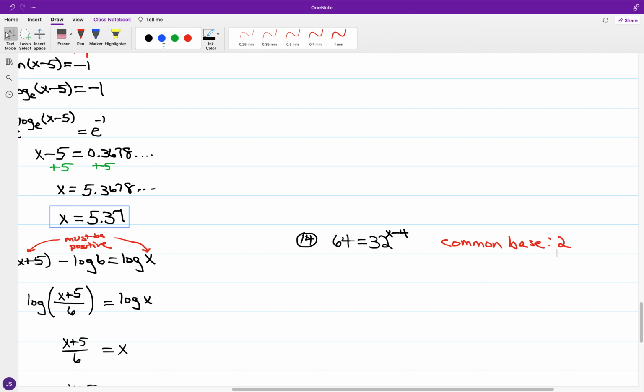I have a common base of 2. With 64, it's going to be 2 to the 6th, and 32 is 2 to the 5th, and with 32 to the x minus 4, we have 2 to the 5th raised to the x minus 4.